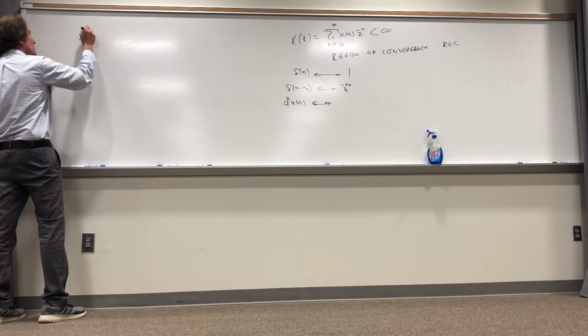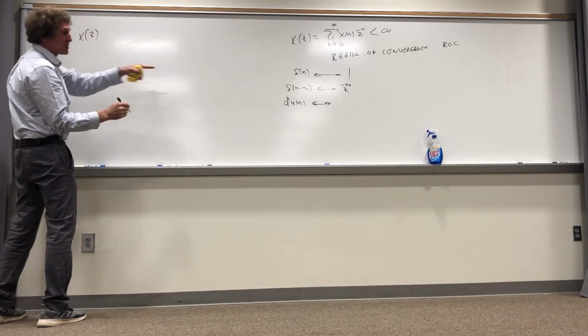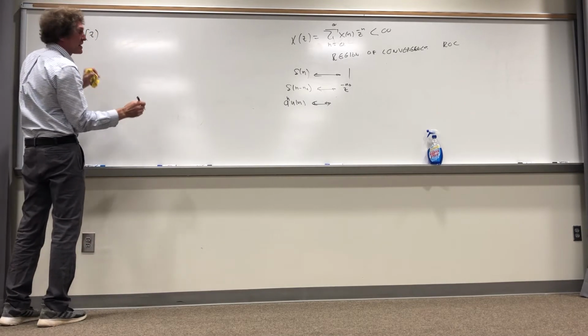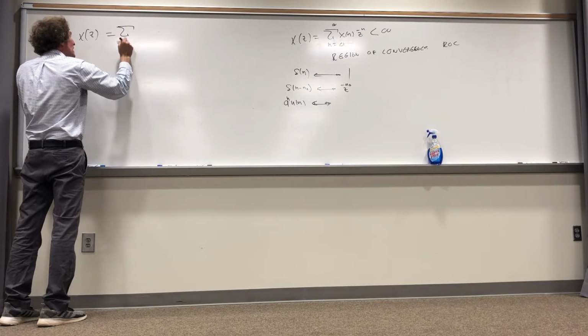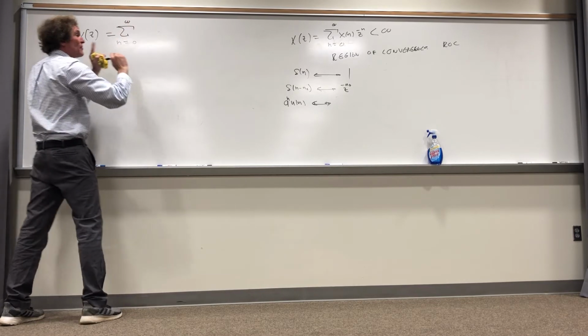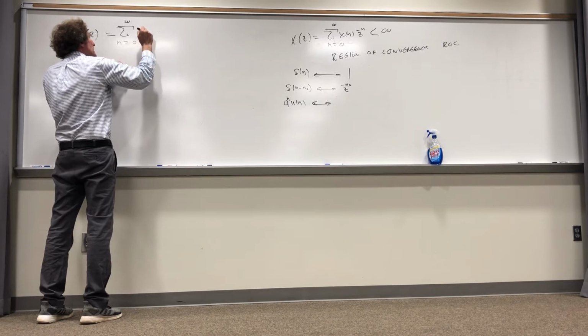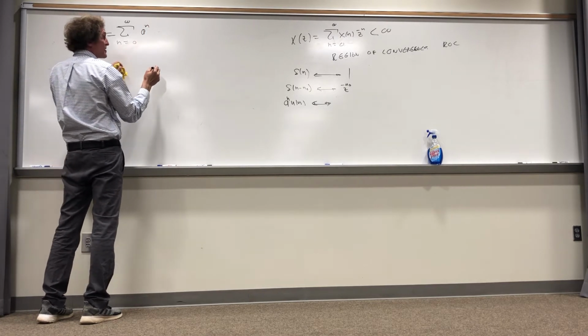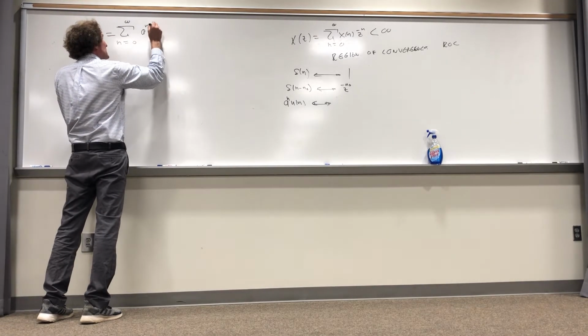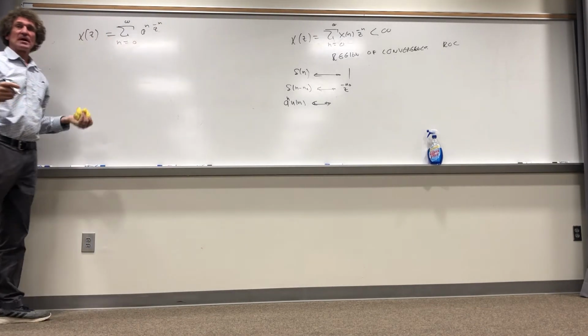Let's go over here and do this. X of z now, right? Here x of n is a to the n u of n. It's going to be equal to, work with me, and most of you know this by the way, the sum from 0 to infinity of what? a to the n times u of n, which starts at 0, right? So it takes care of that, times z to the minus n, right? Well, how do I do that series?